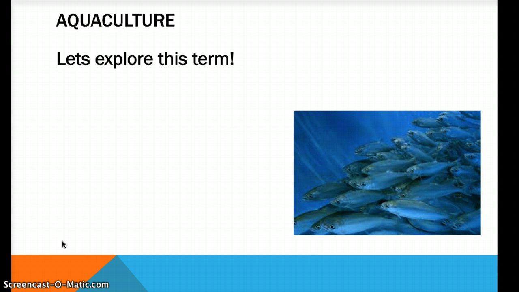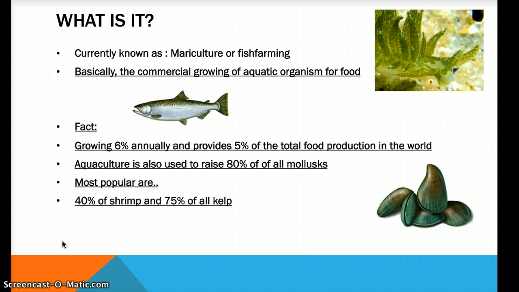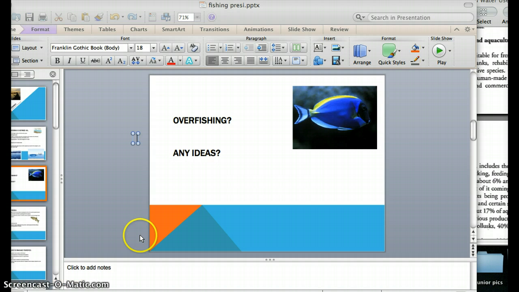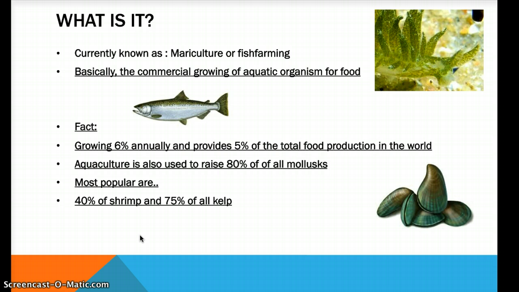Next, we have aquaculture, and we're going to explore a little bit of what this is. Basically, it's the commercial growing of aquatic organisms for food, so fish farming. This is an important term. It includes stocking, feeding, protection from predators, and harvest.